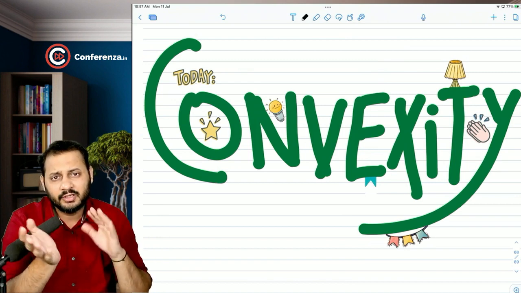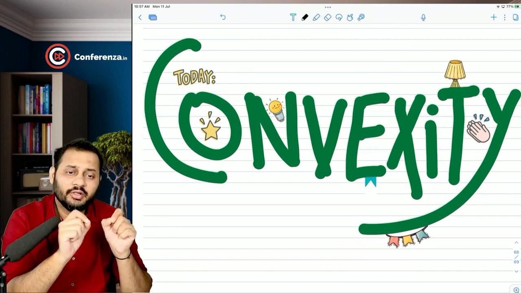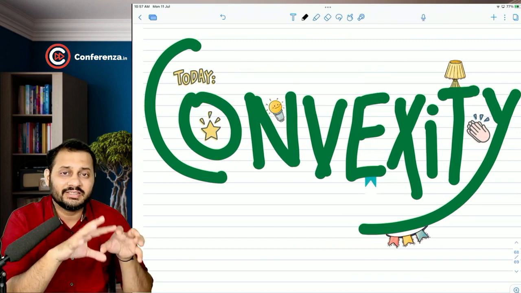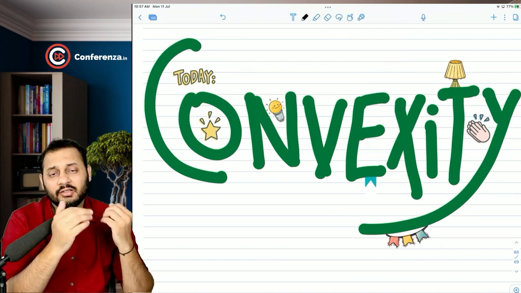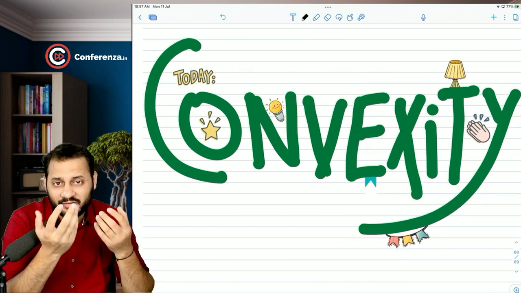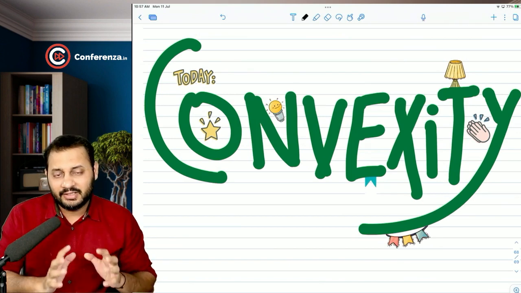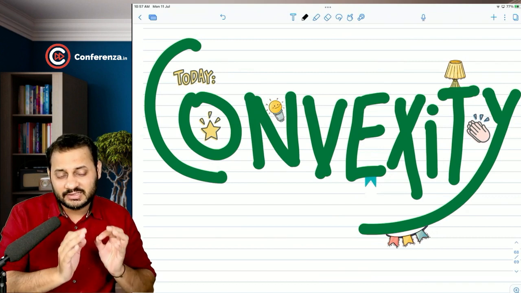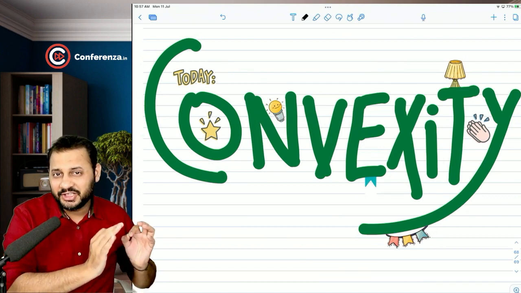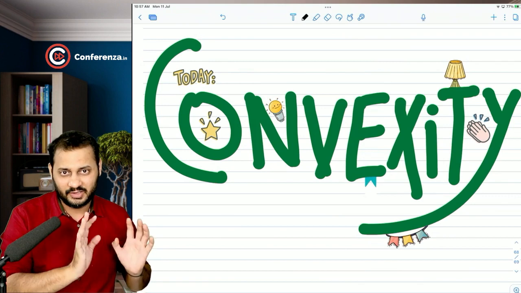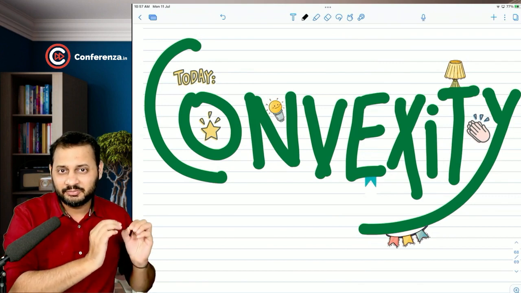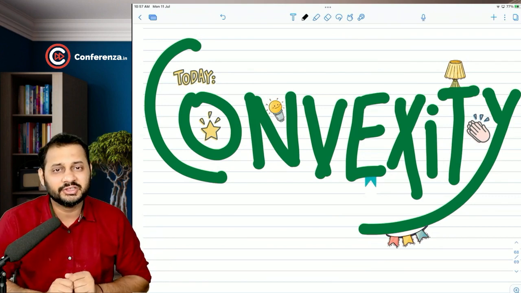If you remember, by the end of the previous lecture I had told you that convexity is nothing but a modified version of the modified duration itself, which we call volatility. And volatility expresses the percentage change in market price for 1% change in YTM.